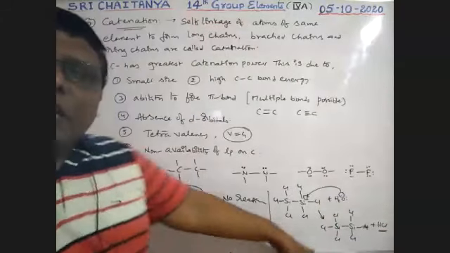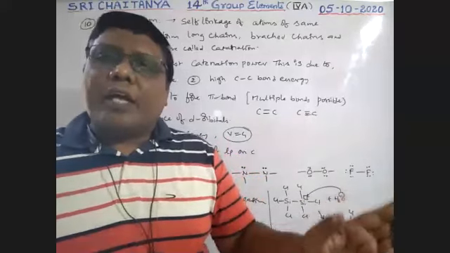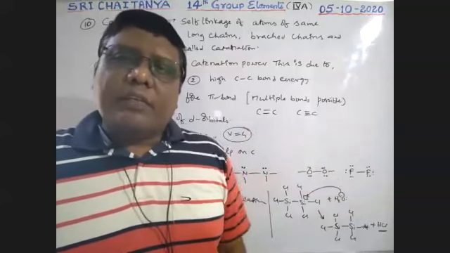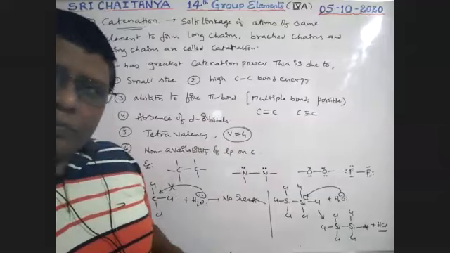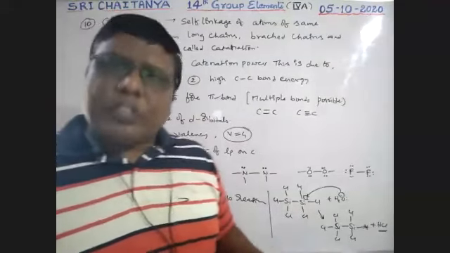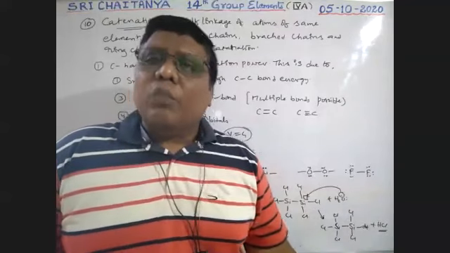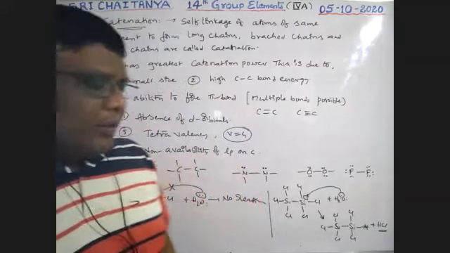Because of that, the reaction takes place. It is going to collapse. So no d orbitals, no reaction is possible. That is why the formed bonds are very strong. So carbon compounds are more stable than silicon compounds.